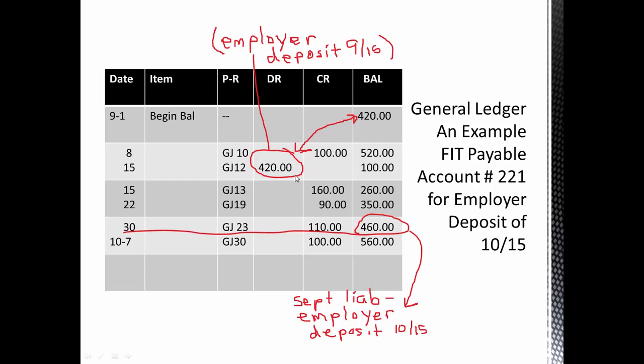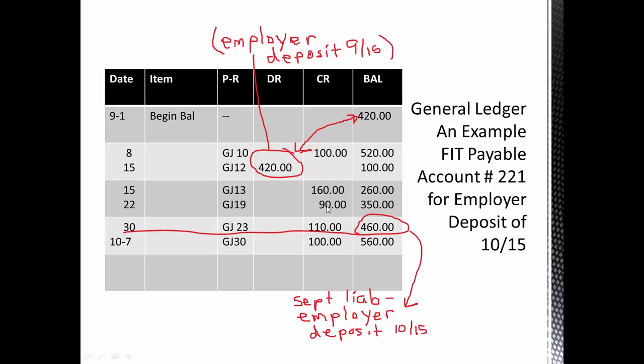So now we would have reduced that by debiting the FIT payable account for that $420. We no longer owe it. Our previous balance was $520 credit. This is a $420 debit. Debit and credit is subtract. $520 minus $420, we now have a $100 balance.